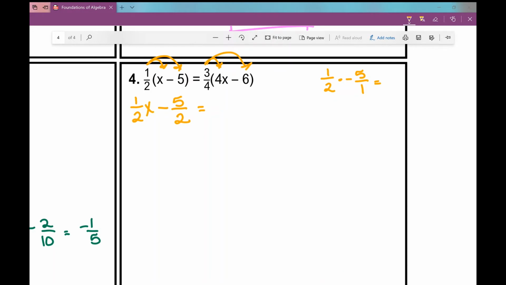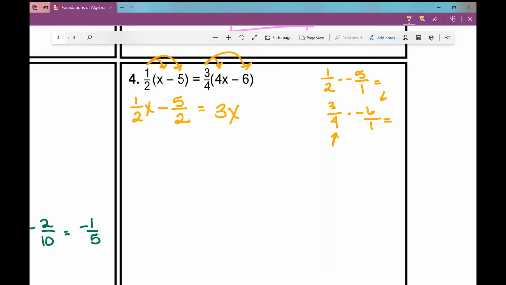So I'm going to show you my little trick right here. 3/4 times 4x, I just do that. So that's going to be 3x. It's not as easy to do this. 3/4 times negative 6. So I'm going to show you. And the more you practice this, you'll get better at it. 3/4 times negative 6 over 1. So when I simplify this, remember I call it pre-simplifying, I can simplify this 4 and this 6.